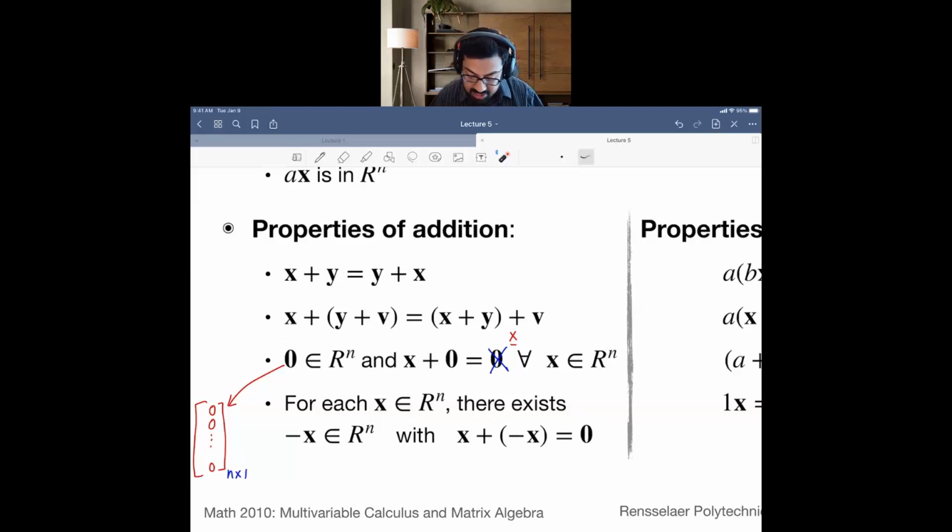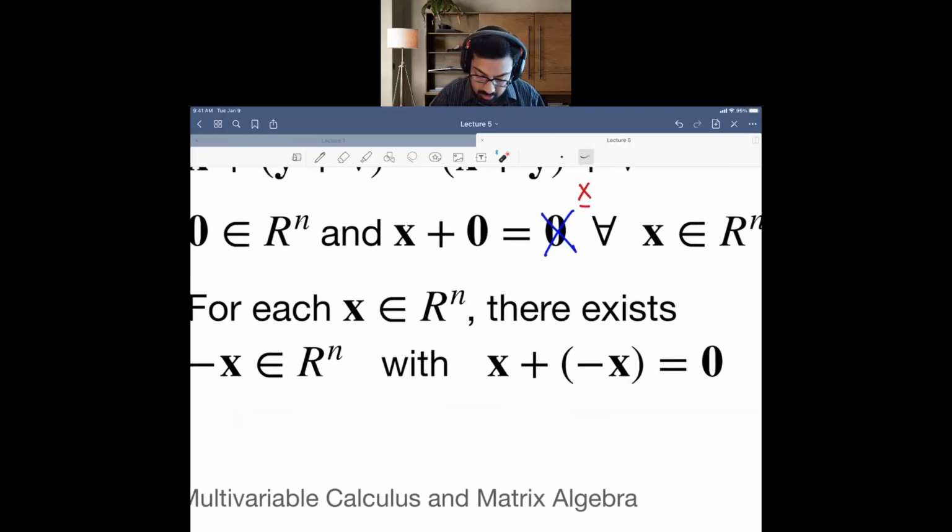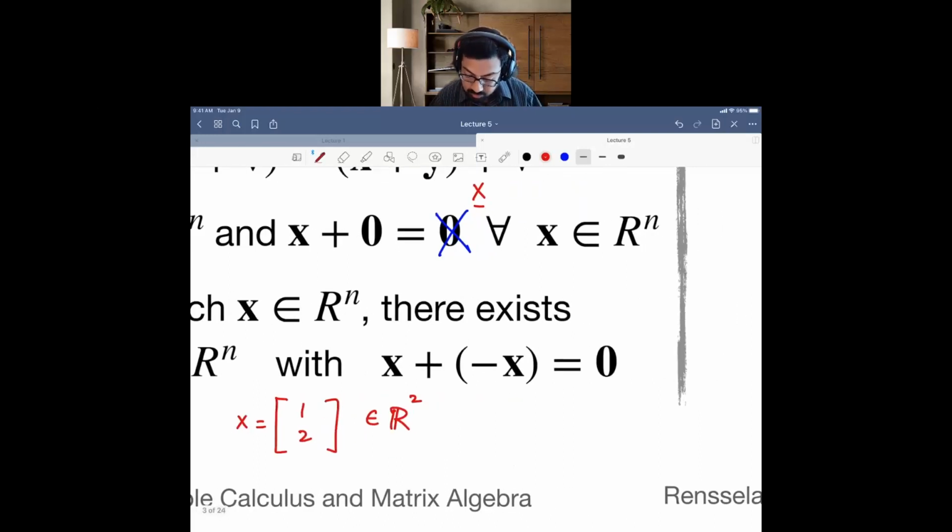Next, for each x that belongs to R to the n, there is going to exist a negative x that belongs to R to the n, such that x plus minus x will give you a bunch of zeros. Again, this is pretty easy to see. Let us suppose our x belongs to R squared. Say you have 1 and 2 here, and this belongs to R squared. And this is going to satisfy this, right?